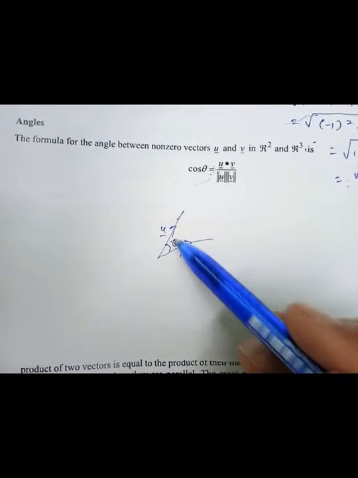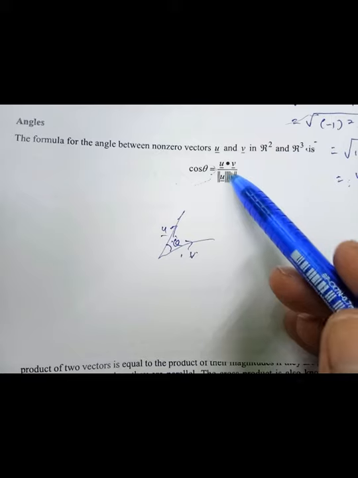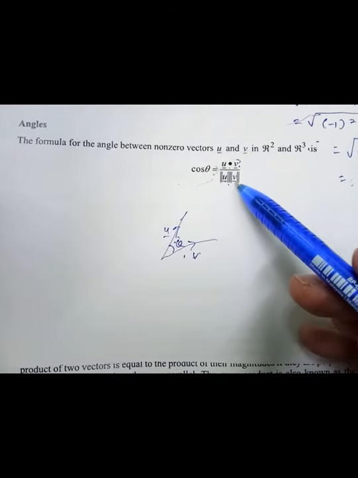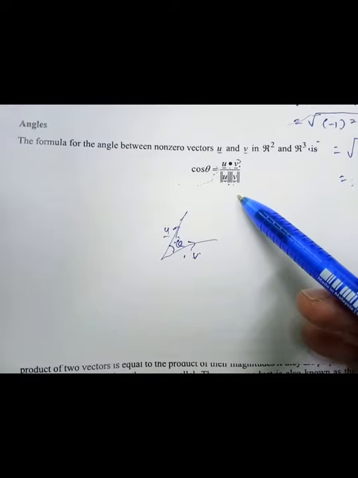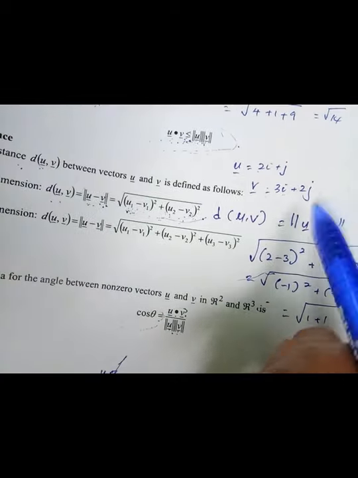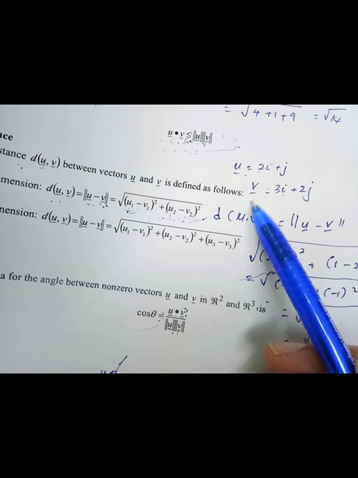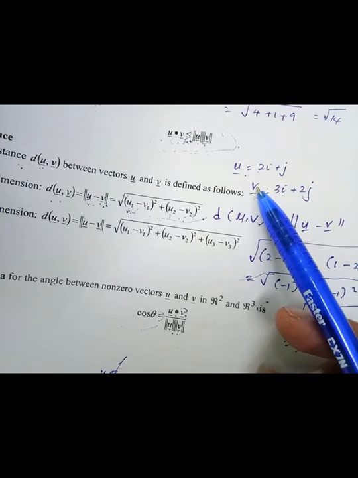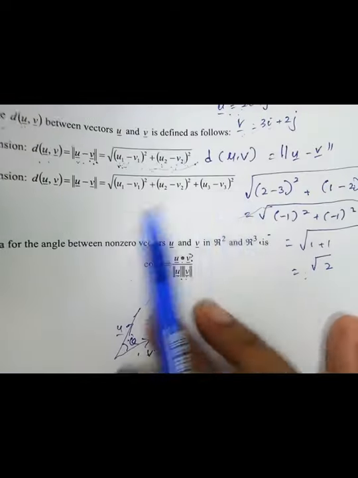The angle between the two vectors is given by u dot v over length of u times length of v. For example, let's take this u and v. Find theta, the degree between the two vectors.